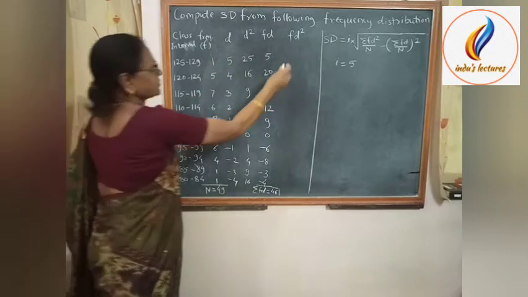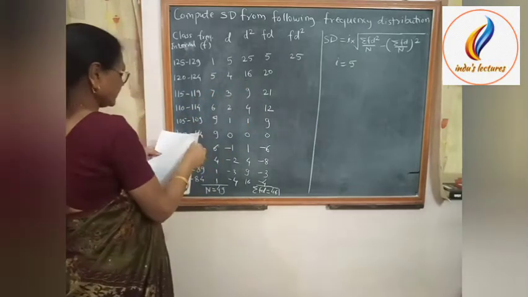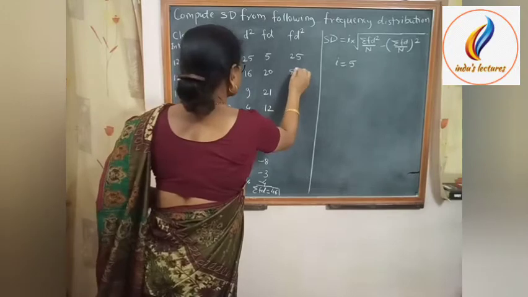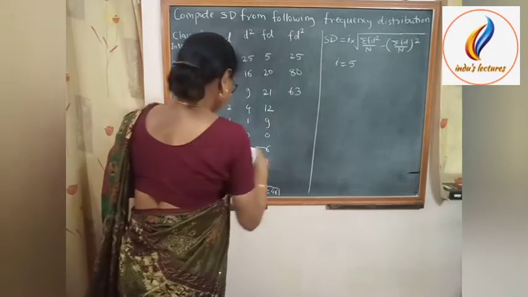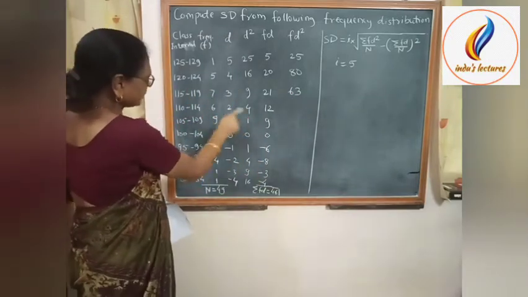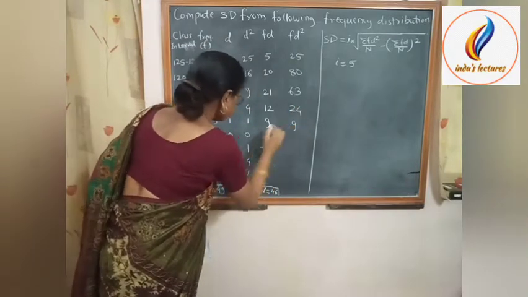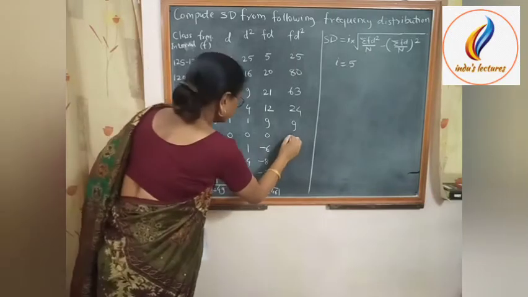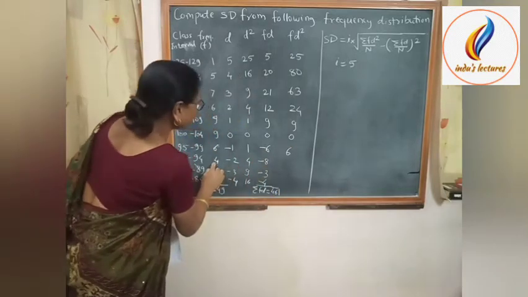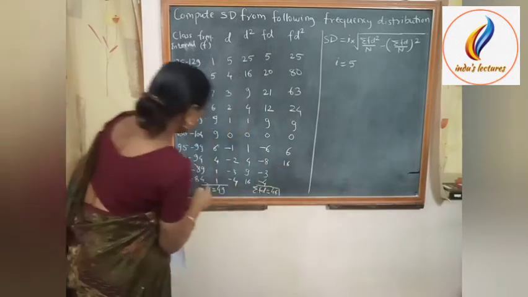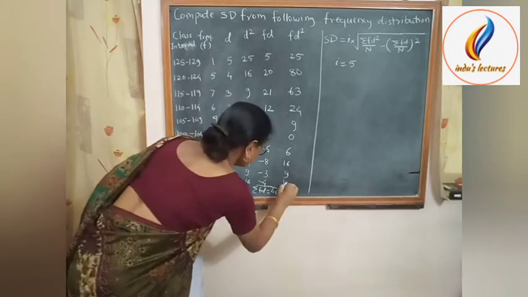So 1 into 25 is equal to 25, 5 into 16 is 80, then 7 into 9 is 63, then 6 into 4 is 24, 9 into 1 is equal to 9, 9 into 0 is 0, 6 into 1 is 6, then 4 into 4 is 16, then 1 into 9 is 9, again 1 into 16 is equal to 16.